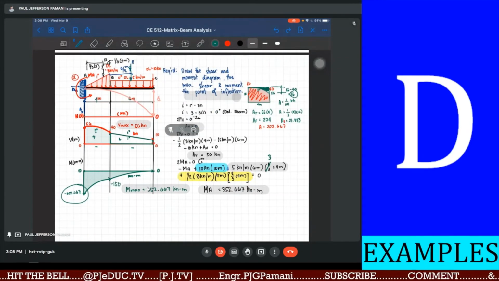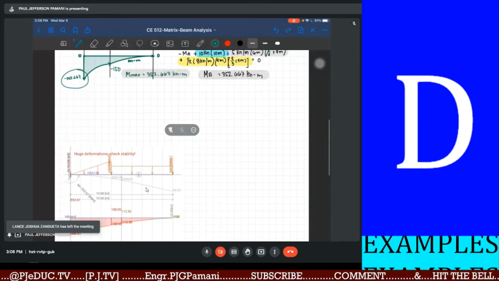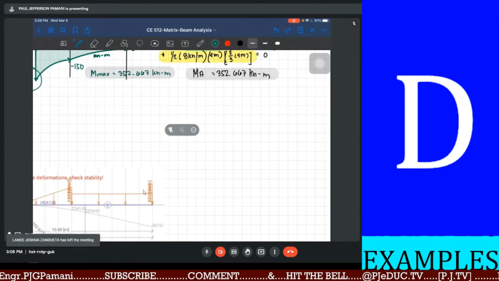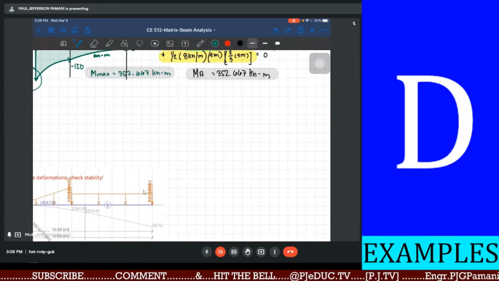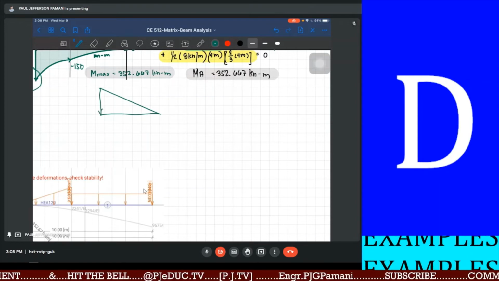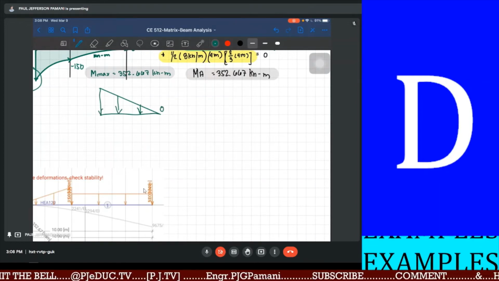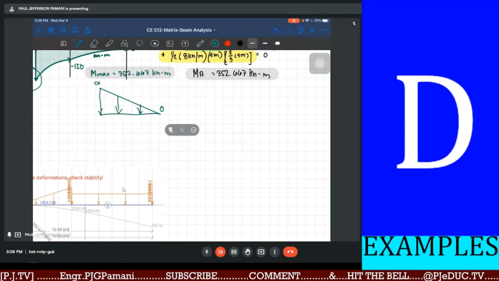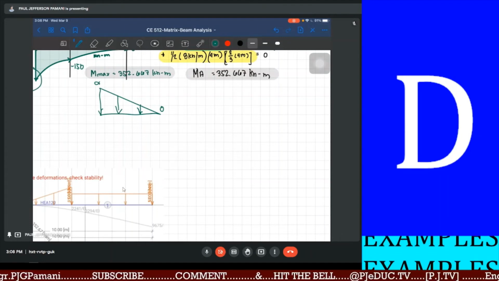Okay? So, paano yung sa varying load? Baka hindi nyo pa na-gets yung sa varying load. Sa varying load, if the varying load is decreasing, just like this one, so, zero slope to a valued slope. The shear diagram should then open upward.